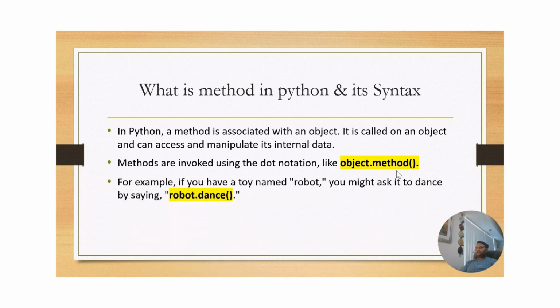Okay. So for example, if you have a toy whose name is a robot, and you want that toy to dance, then what you will write is the name of your toy, which is an object we will call a robot, and then a dot, and then whatever action we want to perform on top of the object.